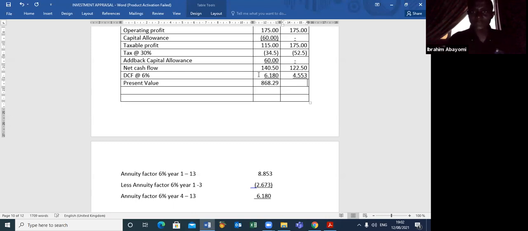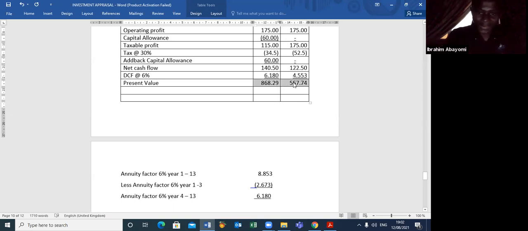And the second part is 122.5 times 4.553. That gives me 557.74. Okay, so these are the present values.